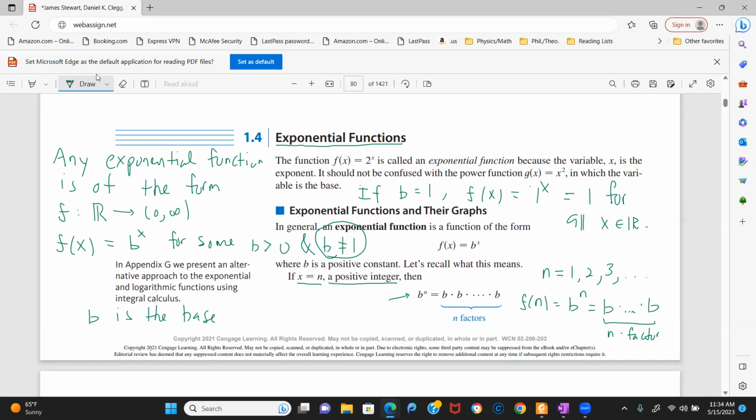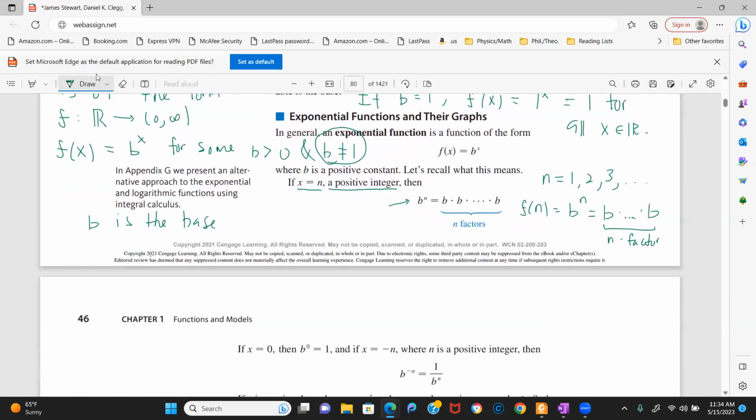So we know how to evaluate the exponential function for positive integers. If we have 0, then we know that b to the 0 is 1. So f of 0 is b to the 0, and that's 1. And we can even do x as a negative integer.